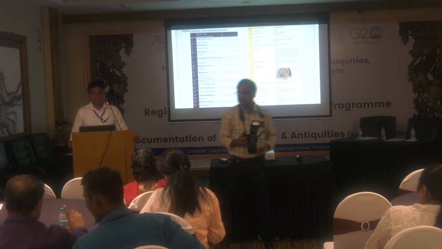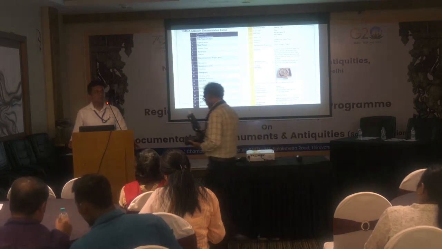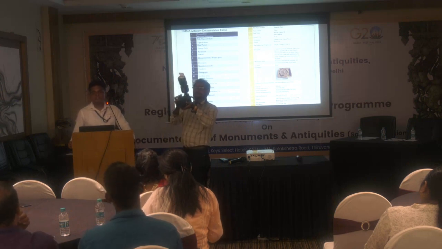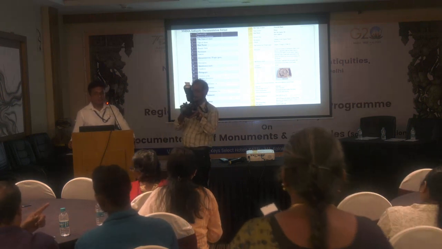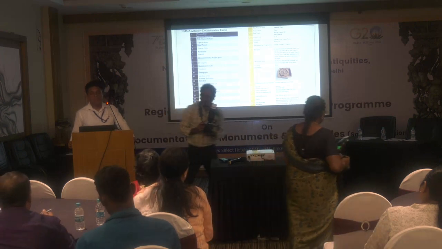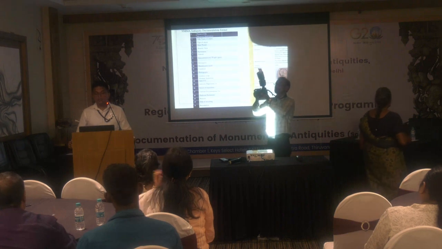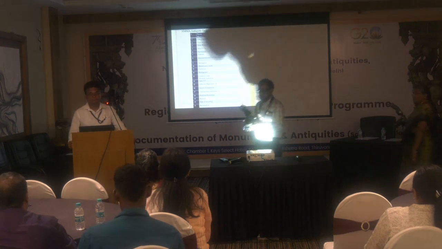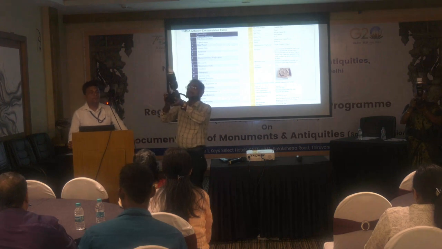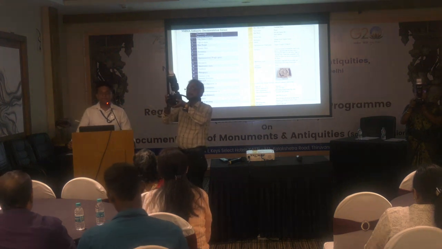There are 21 parameters for antiquity documentation. The first is name of the museum or institution. Second is title or name of the object. Third, type of the object. Fourth, date and period.